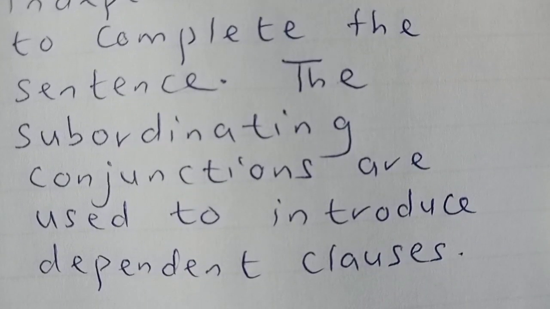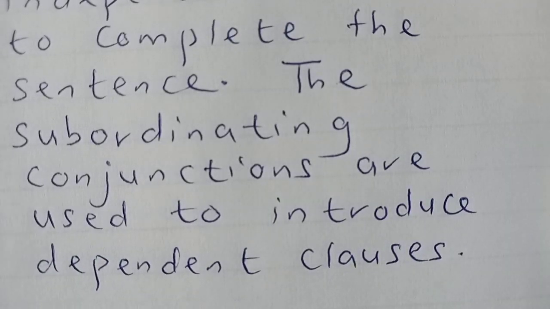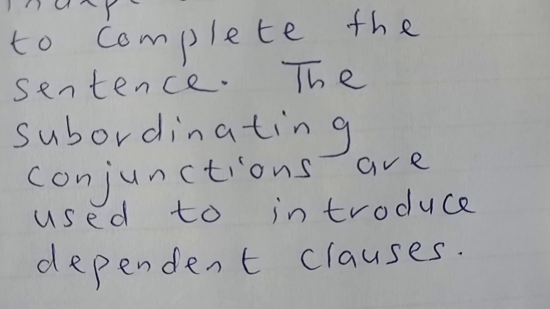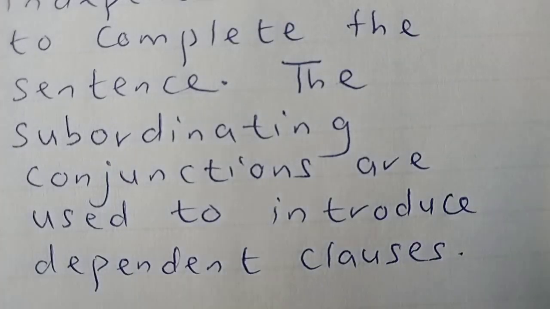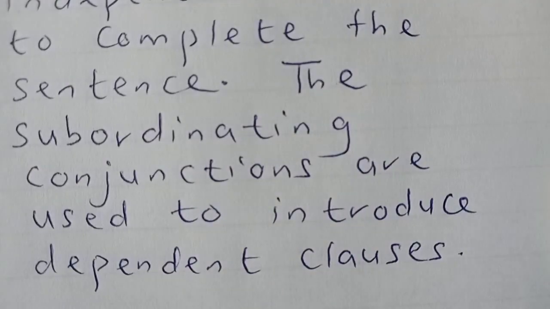Now, the subordinating conjunctions are used to introduce dependent clauses. Previously we talked about coordinating conjunctions. That was but, and, or, nor, so. Now, we also have subordinating conjunctions, like although, despite, whereas, however, amongst others.